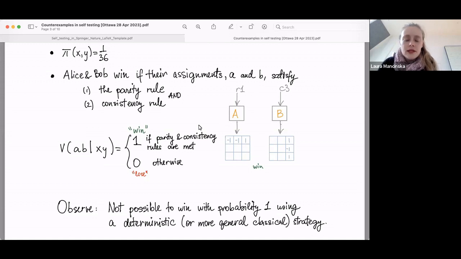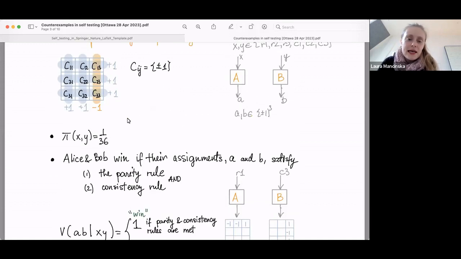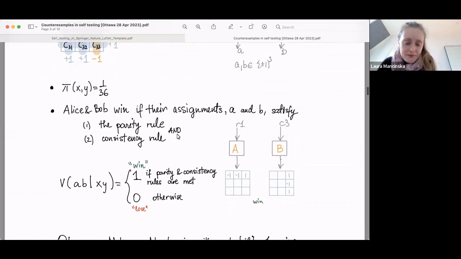The impossibility to win classically, so without quantum resources, comes down to the fact that if I wanted to fill in this square with plus and minus 1s so that all these parity checks are met, then this is impossible. You can see the impossibility by multiplying together the row products versus the column products. You get +1 in one case and -1 in the other.